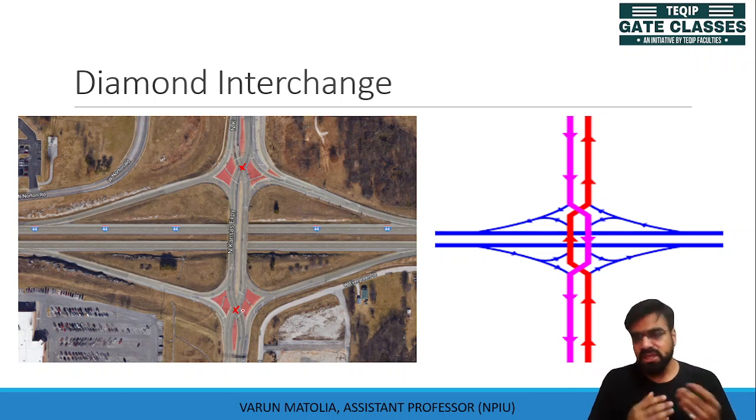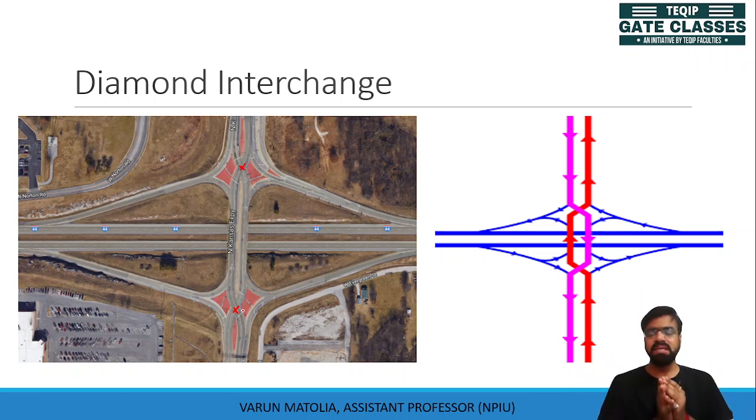So from a construction point of view, they may be cheaper, but otherwise they are occupying the same area. But the purpose of these interchanges, which is to eliminate your conflict points, is solved with this diamond interchange also.